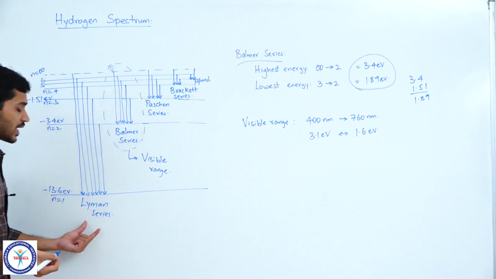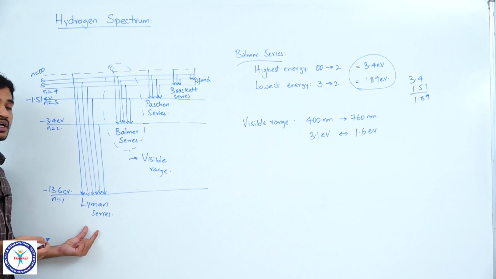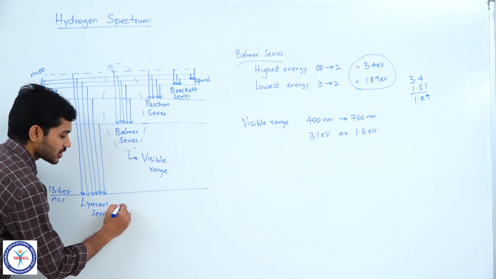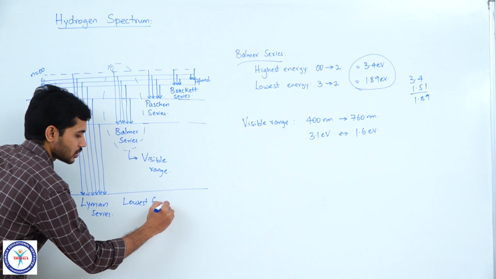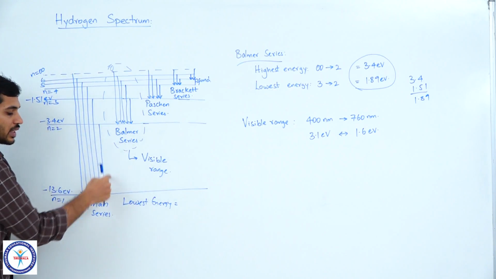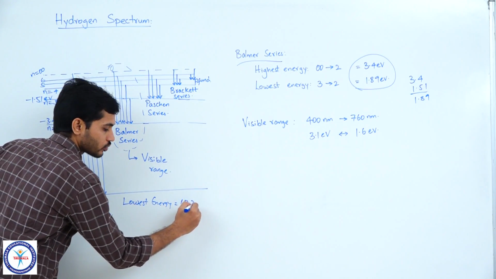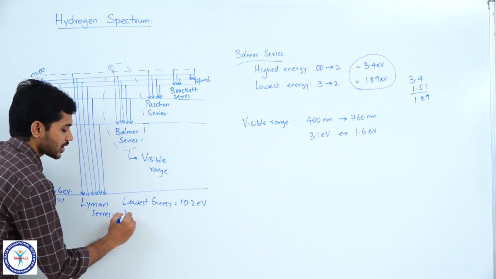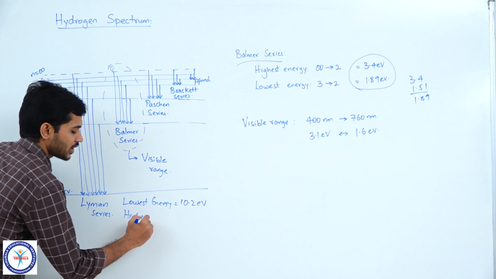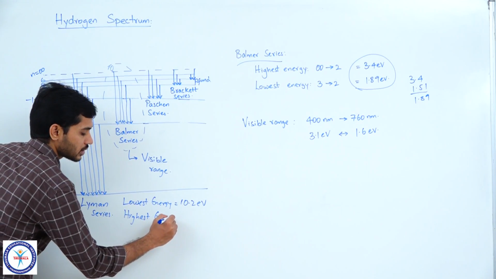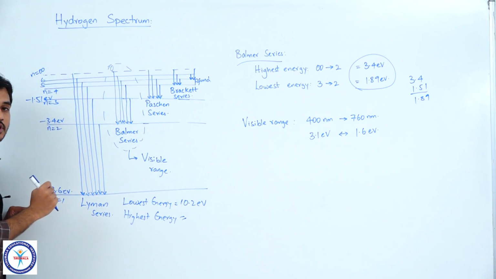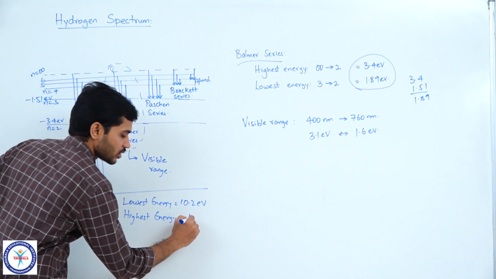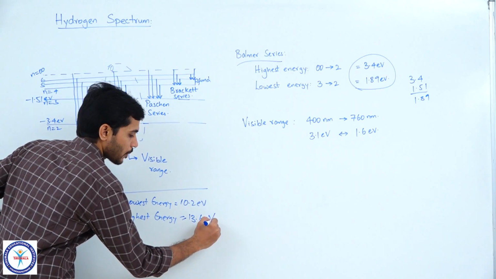And if I consider the Lyman series, its lowest energy is the 2 to 1 transition, which is 10.2 electron volts, and the highest energy is always infinity to the lowest level, so infinity to 1 transition, which is 13.6 electron volts.